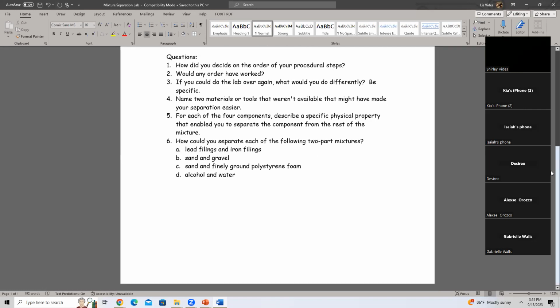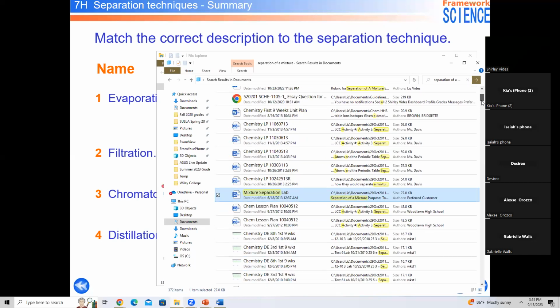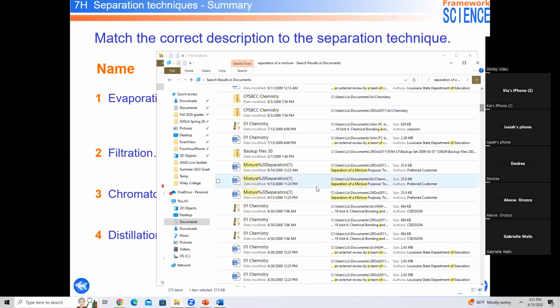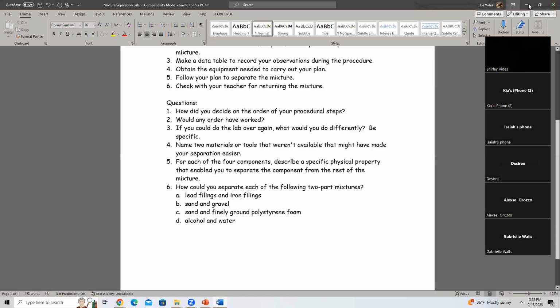That's the lab part. There's another one, mixture separation. Oh, that's still the same one, darn it. Anyway, let's just say, I'm going to type it in just to say something.